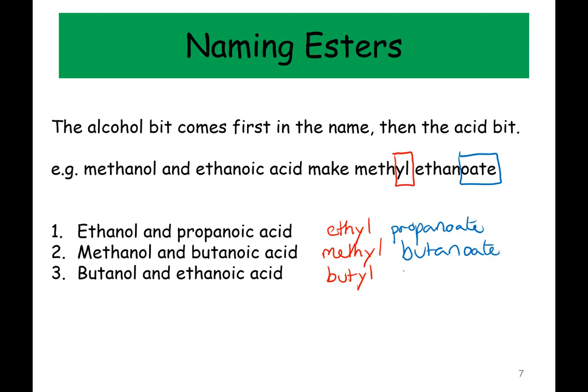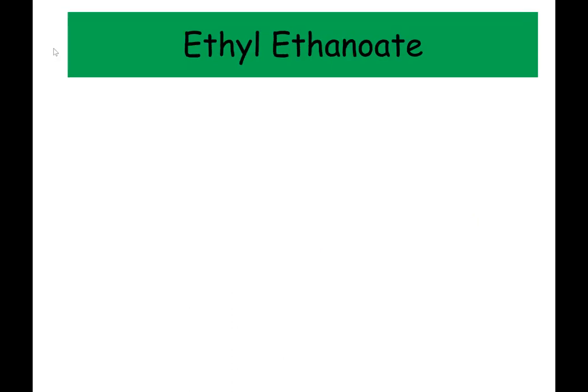And if you're using ethanoic acid, ethanoate. Okay, so you can see there how we would call the esters made from these combinations. If you're using ethanol and propanoic acid, you would get ethyl propanoate, methanol and butanoic acid, methyl butanoate.